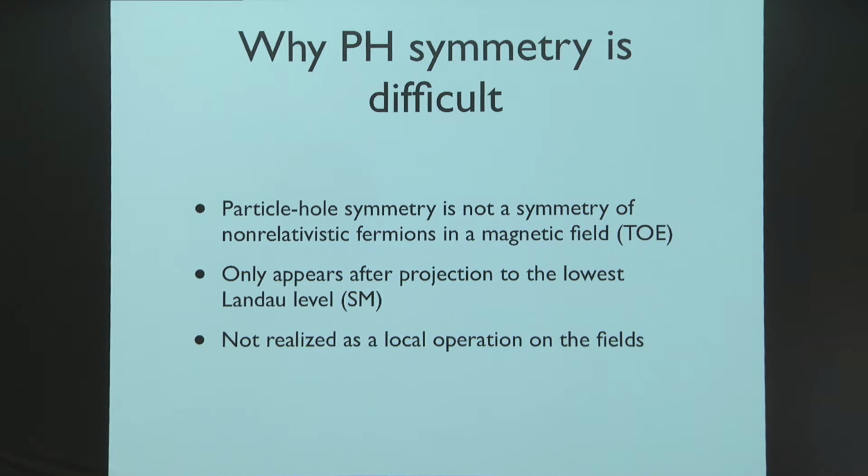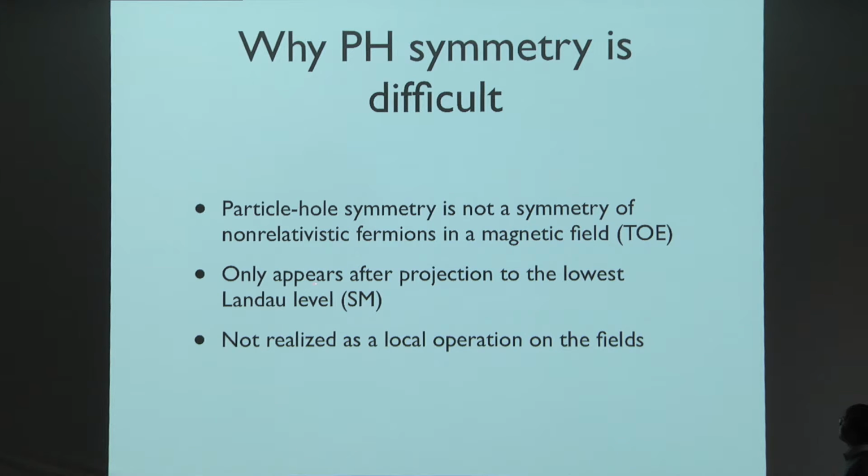Why is particle-hole symmetry difficult? Particle-hole symmetry is not a symmetry of the theory of everything, at least for non-relativistic particles. It is not a symmetry of non-relativistic fermions in a magnetic field. In fact, the theory of a non-relativistic fermion in a magnetic field has only one discrete symmetry, which is the combination of spatial reflection and time reversal, which is not particle-hole symmetry.